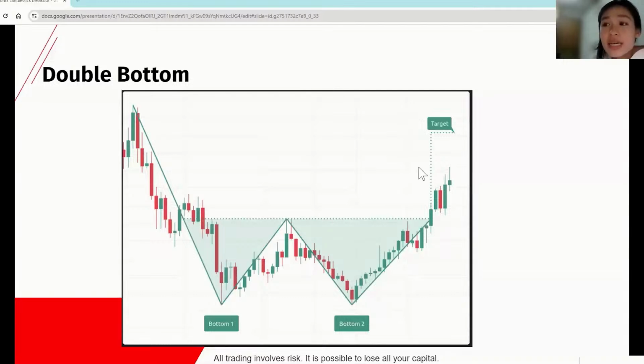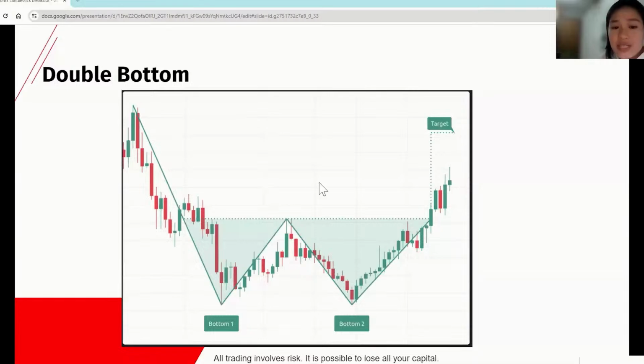It's pretty similar. Again, instead of swing highs, here we have swing lows, and they should be approximately the same height. They should be about the same height between these two levels and your swing low here.